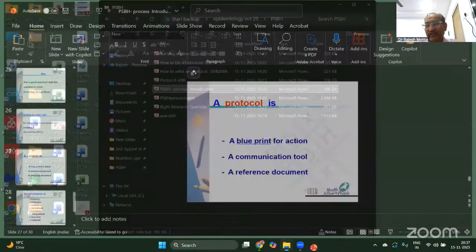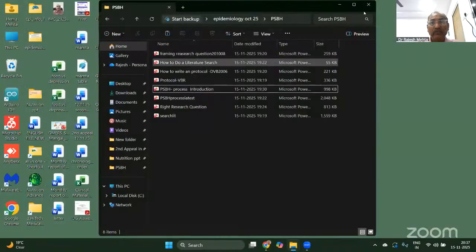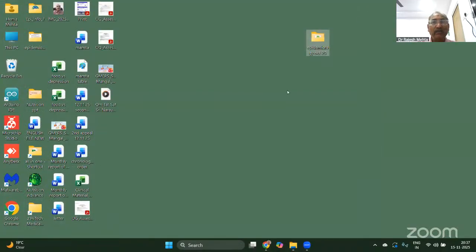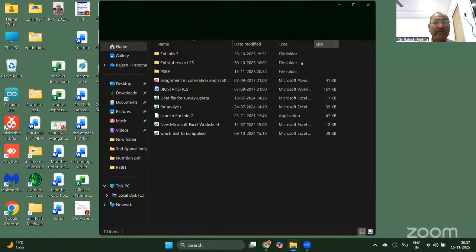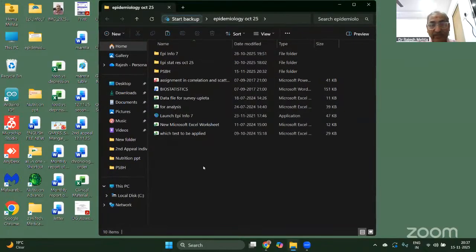We'll take one Excel file. We'll talk something about sensitivity and specificity, and then how to change the scenario.